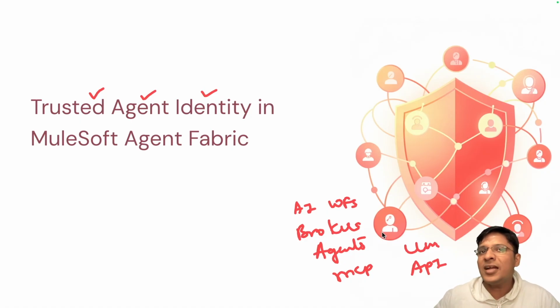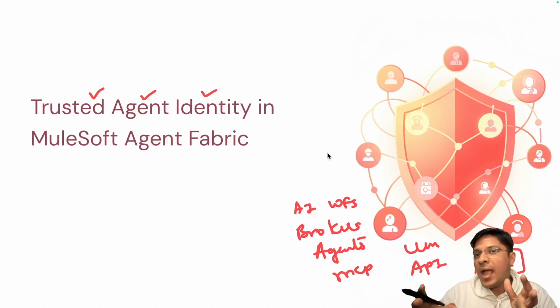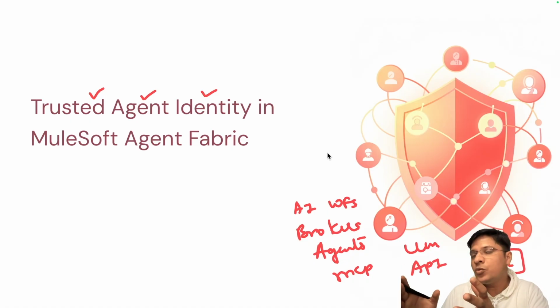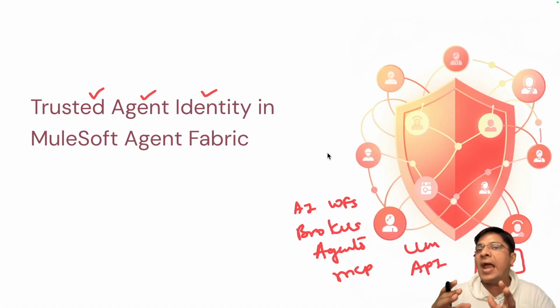But while solving that problem, the identity of the user who actually initiated the request will be lost somewhere in the process of execution. And losing the identity of the user who actually initiated the process is called identity gap.